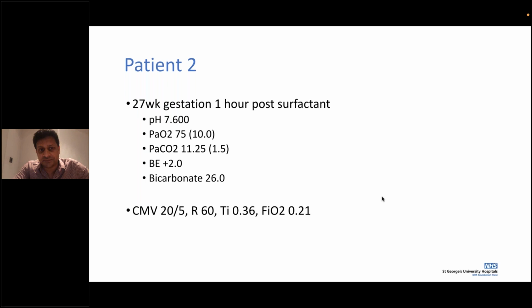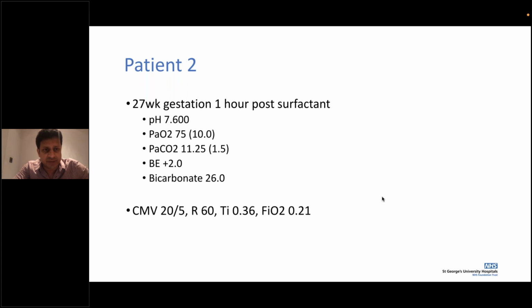So this baby has now been given surfactant, and that's your CO2. Consider the numbers in the bracket.